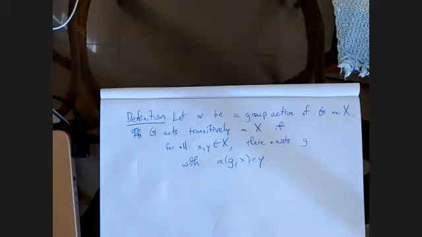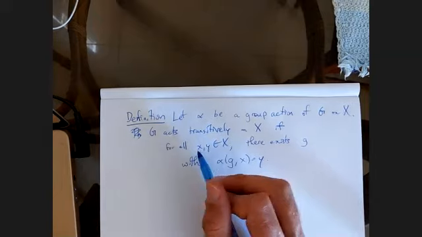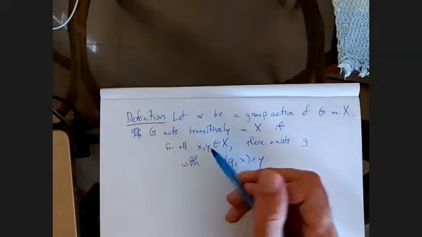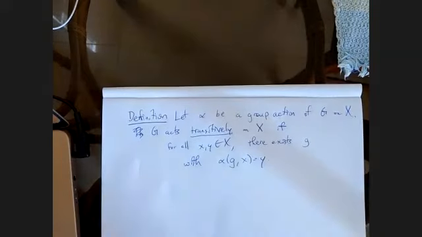So when G acts transitively, it means that for any two elements of X, there's a g that takes you from x to y. Okay, that's what transitive means. Not quite the same thing as a transitive relation, but that's okay.